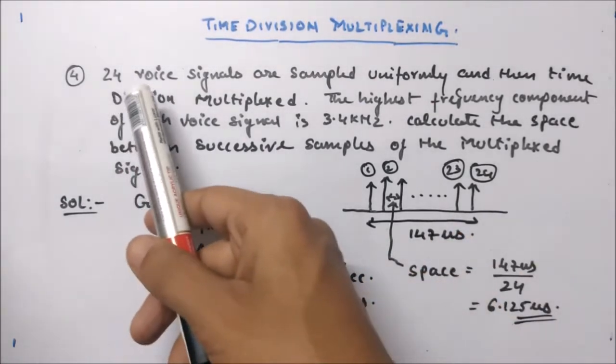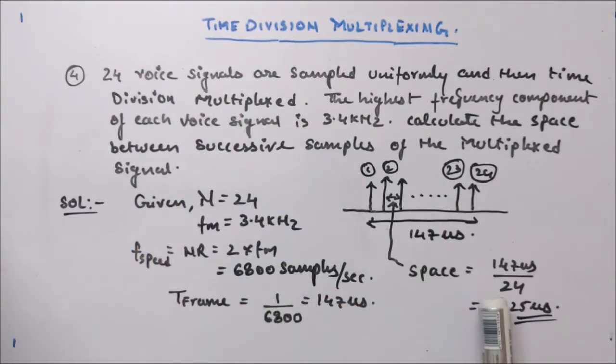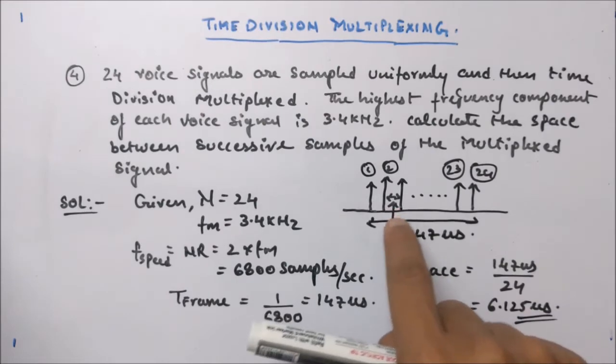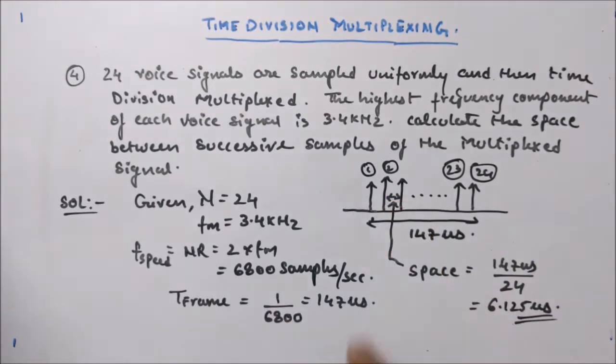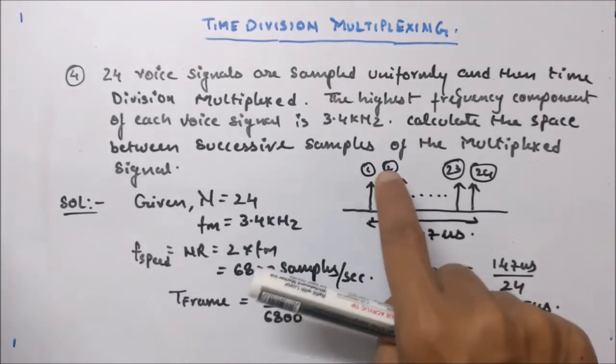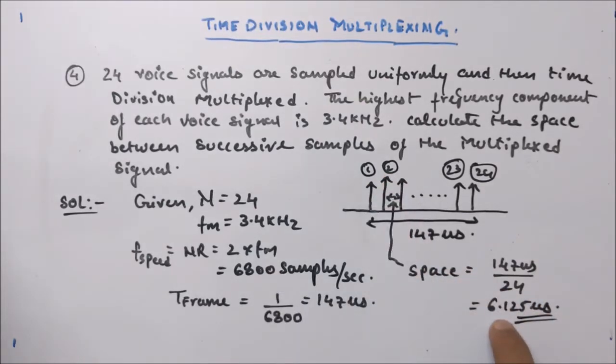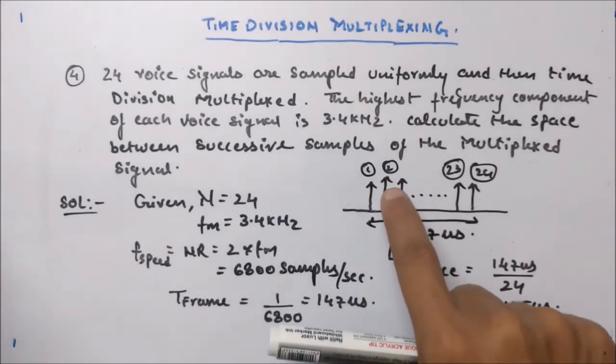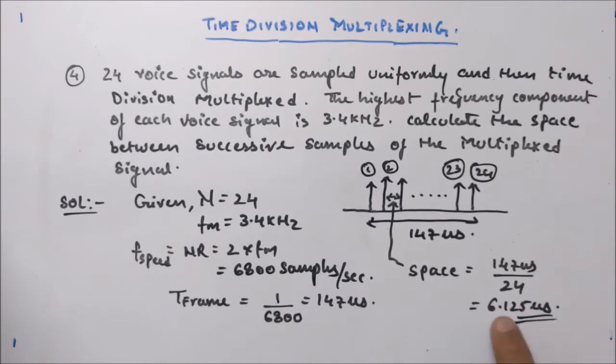Now you have 24 voice signals, so that's why I have divided the time frame by 24, that comes out to be 6.125 microseconds, and that is the time separation between two samples. So between 1 and 2 there will be a time gap of 6.125 microseconds, between 2 and 3 there will be a time gap of 6.125 microseconds, likewise it goes till 24.